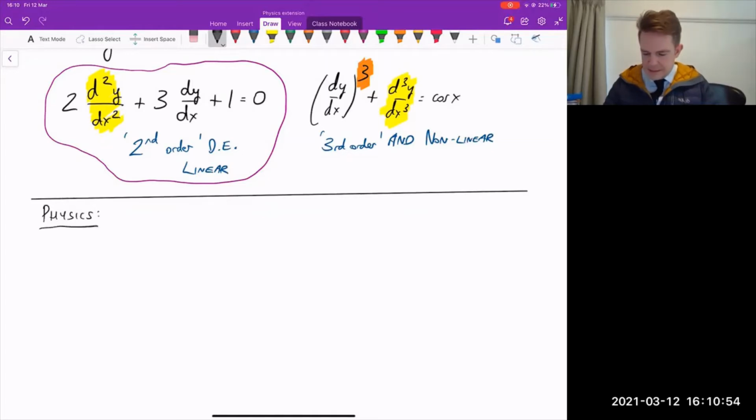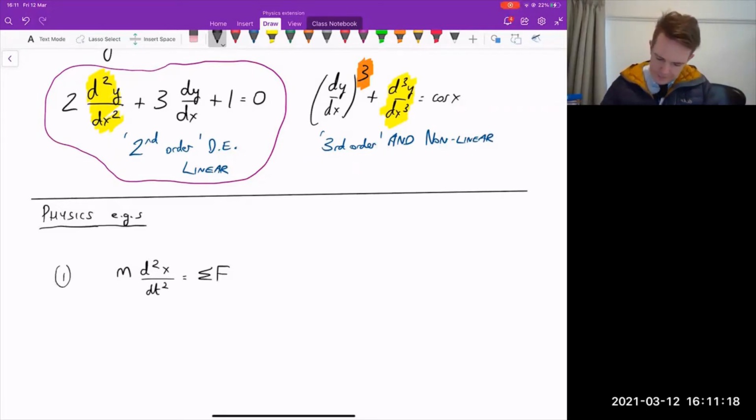So physics examples are: m times d^2x/dt^2 equals F, or sigma F, let's say. So that's one rather famous differential equation.